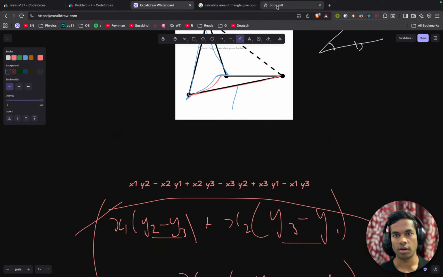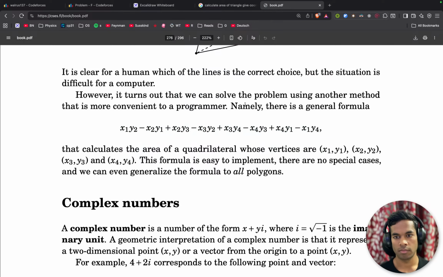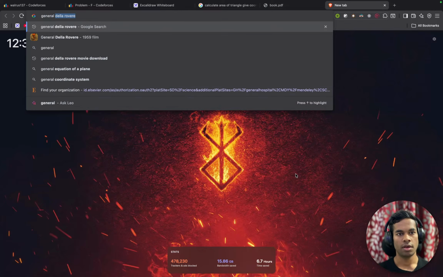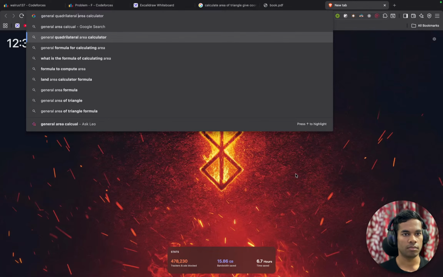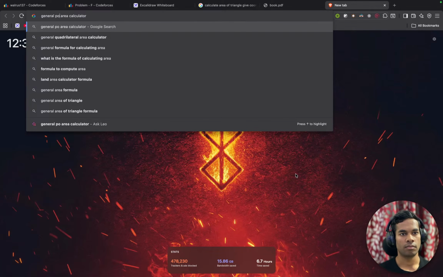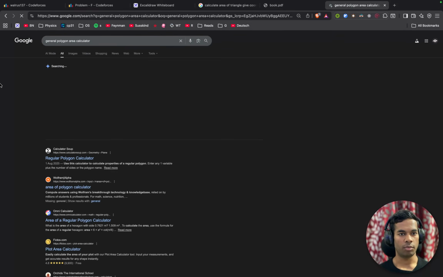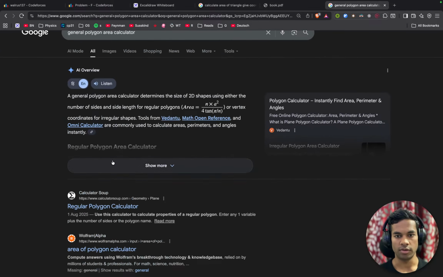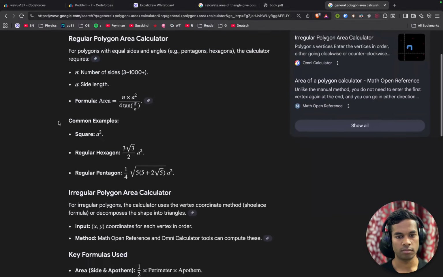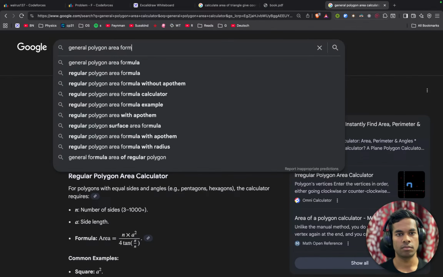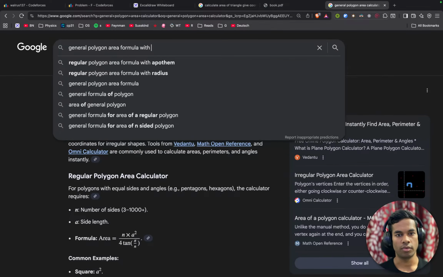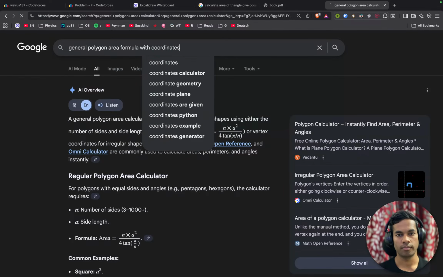Why are we not doing half here? General area calculation, general polygon area calculation with coordinates.